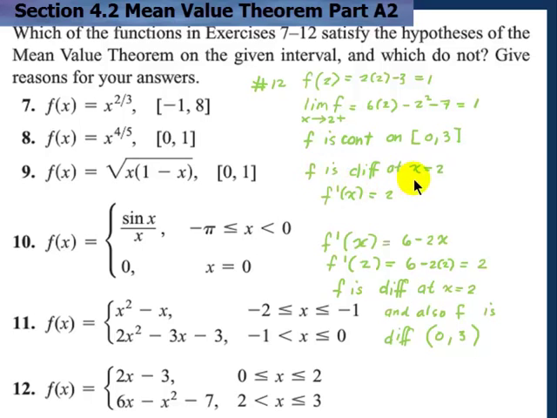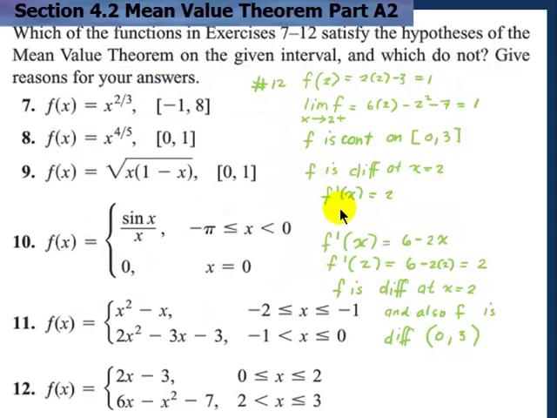Our next question is, is it differentiable at x equal to 2? For the function on the top, we take the derivative, and that's just equal to 2. The derivative of the function at the bottom is 6 minus 2x. Evaluate f prime at 2. That's 6 minus 2 times 2, and it's equal to 2.